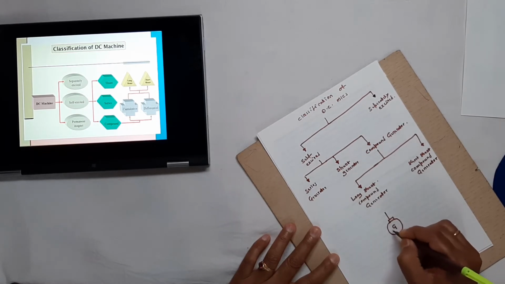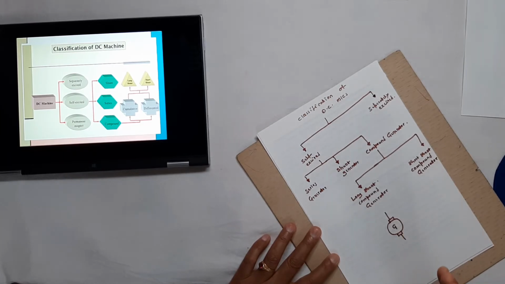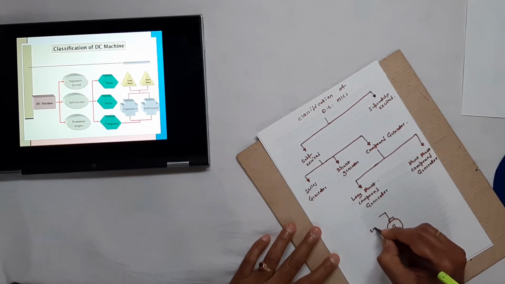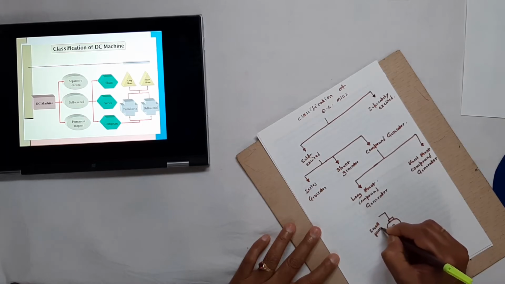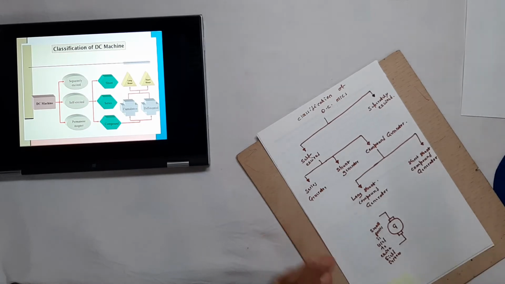A small portion of the power generated in the generator itself is used for creating the magnetic flux in the generator. That is called a self-excited generator. That is, a small power is used to excite the field system, then it is called self-excited.